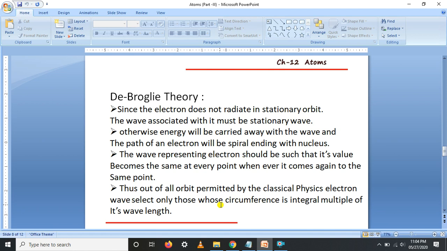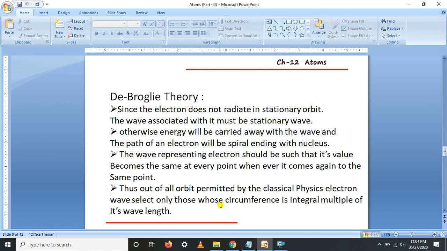and their amplitudes quickly drop to zero, and again it comes to its original shape. For the electron moving in the nth circular orbit of radius r, the total distance of the circumference of the orbit is 2 pi r, because the circumference of a circle is 2 pi r.